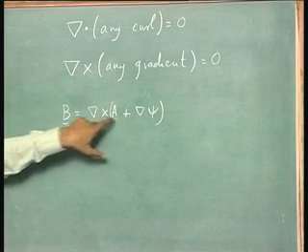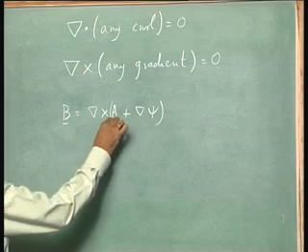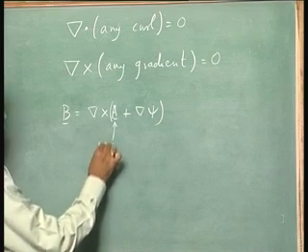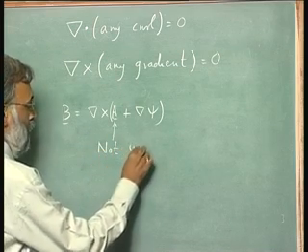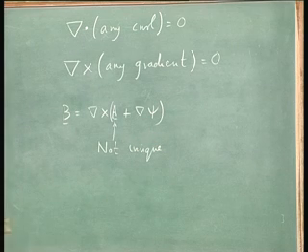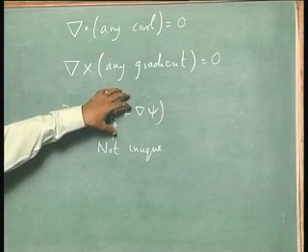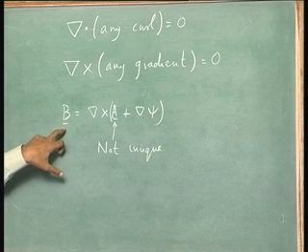This will just give me 0. So, the value of A is not unique. We have given an expression for A, but that expression is not unique. In fact, there are many vector fields A whose curl gives me B.